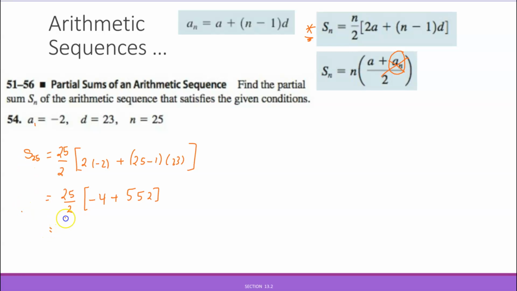That becomes 548, so we've got 25 over 2 times 548. And that's going to equal 6,850.